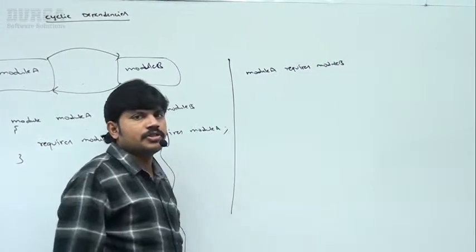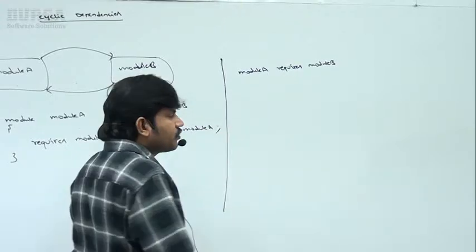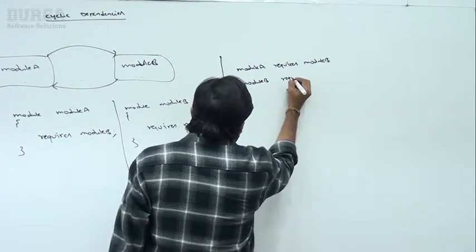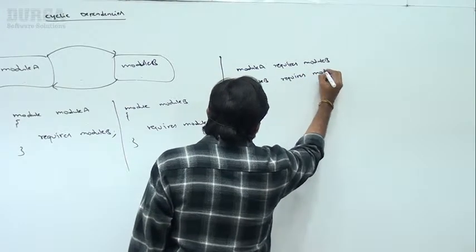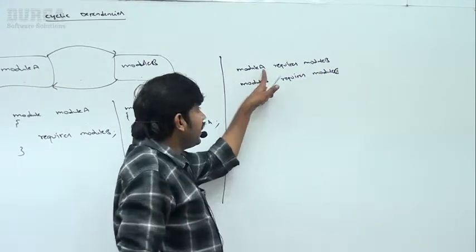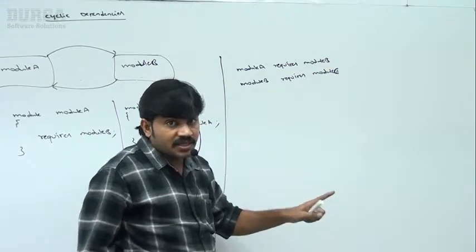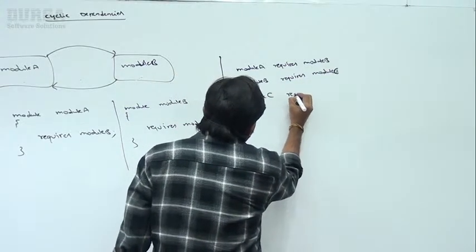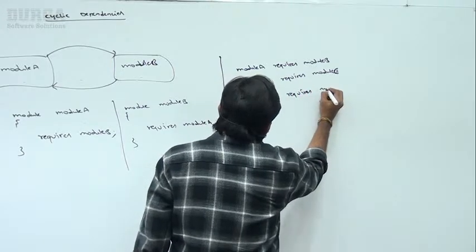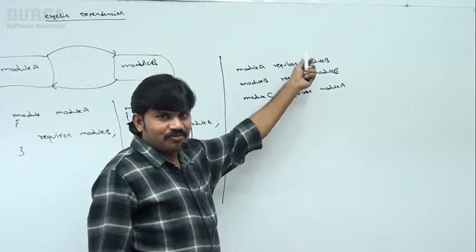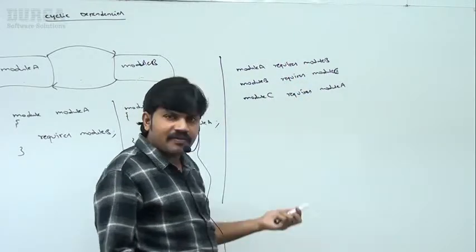Assume module A requires module B, module B requires module C, and similarly module C requires module A. A requires B requires C requires A.